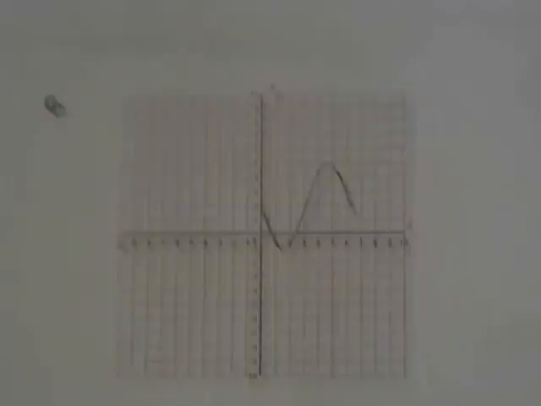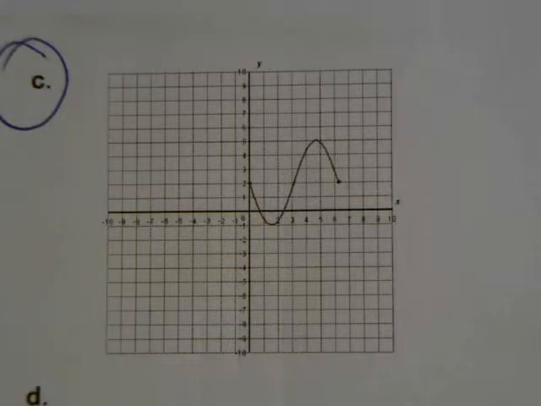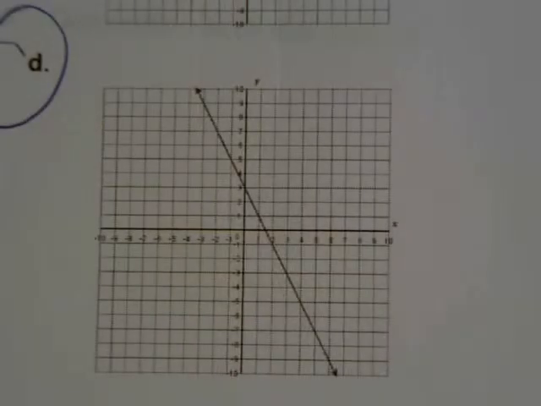Okay, you're going to repeat that same process with problem C. So you're going to find the domain and the range, and you might have guessed, you're also going to do problem D, find the domain and the range.